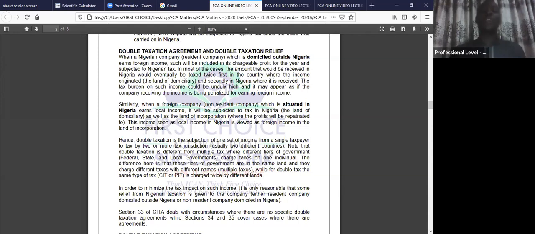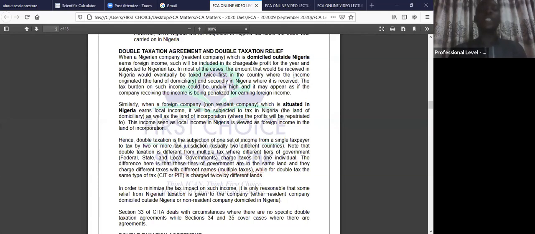And so Nigeria goes into agreement that on a reciprocal basis, they are going to be giving relief to Nigerian people who are outsiders. And so these countries will also give relief to foreigners who are in Nigeria.